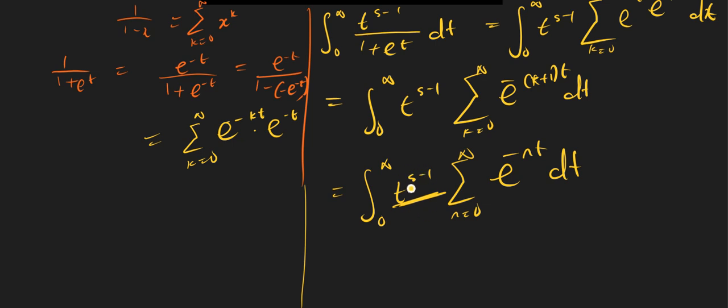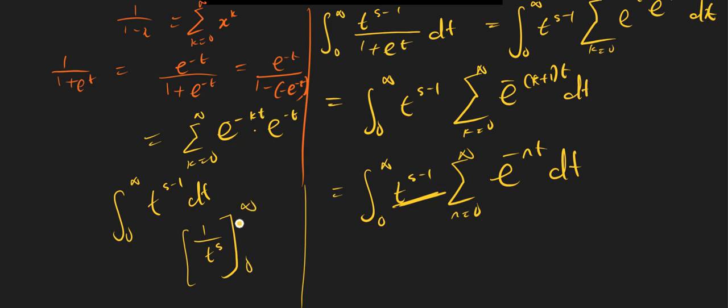This is convergent as long as, if you evaluate the integral from 0 to infinity of t^(s-1) dt, you have 1 over t to the s, I believe. So you have s over t^s from 0 to infinity.